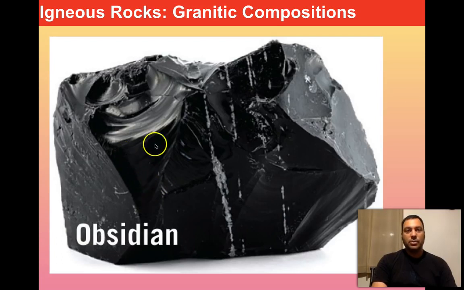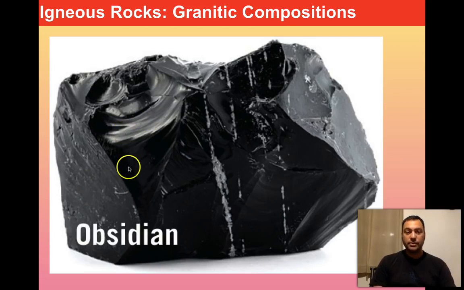This is a granitic material that never formed any crystals because it got cooled so rapidly that crystals didn't have time to form. And so the type of rock that this is called is obsidian. Right? And we usually refer to all forms of volcanic glass because essentially this is a volcanic rock. This cannot form underground. It can only form up on the surface.